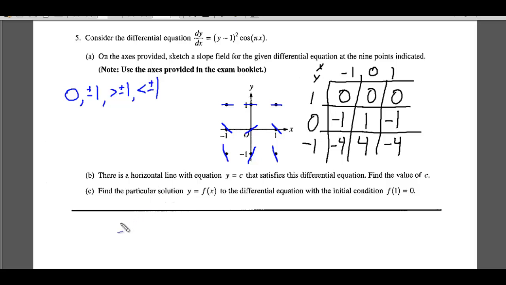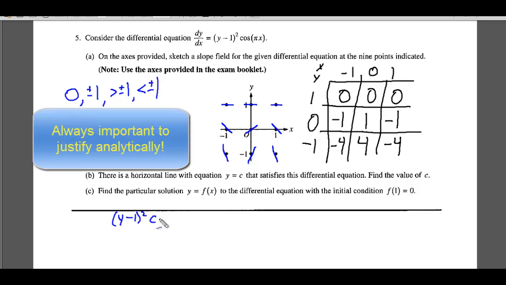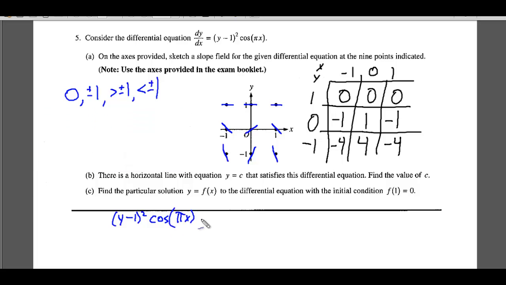But we want to show that (y minus 1) squared cosine pi x equals 0. When is that true? That's true when y minus 1 equals 0 or cosine pi x equals 0.